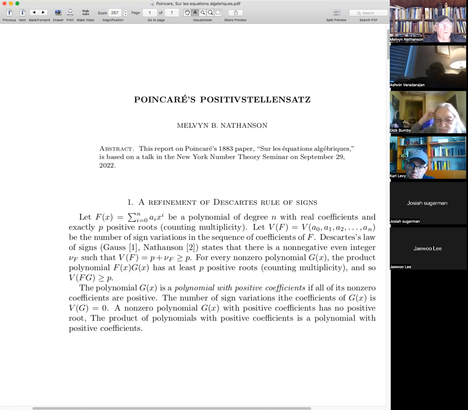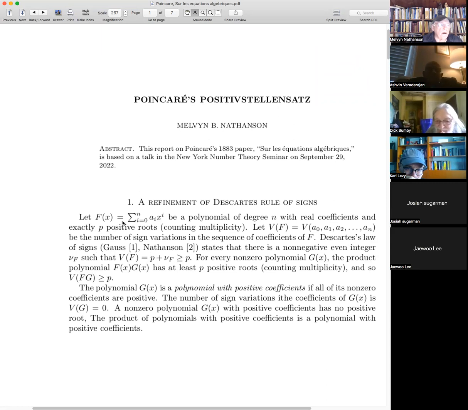So you count the number of sign variations in the sequence of coefficients. And that number, Descartes claimed, proved might be an excessive statement, Descartes claimed was equal to the number of positive roots plus perhaps some non-negative integer. So this is Descartes' law of signs.